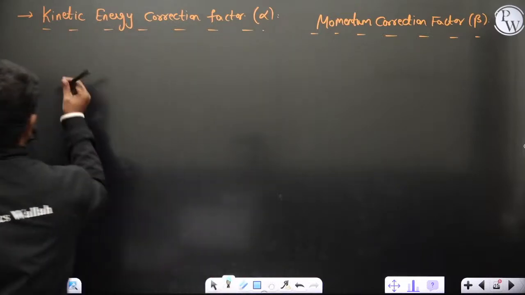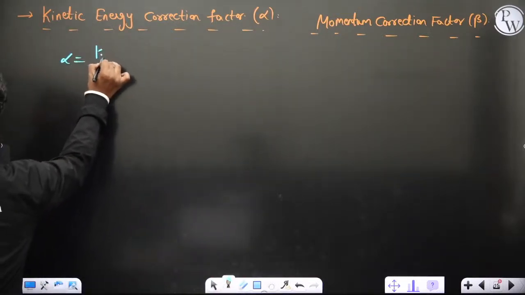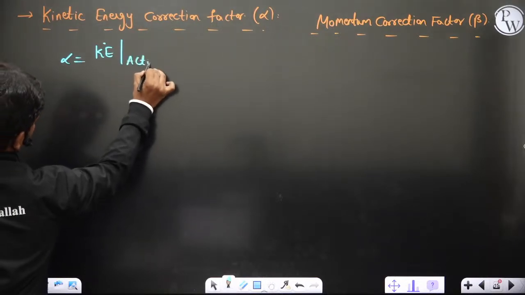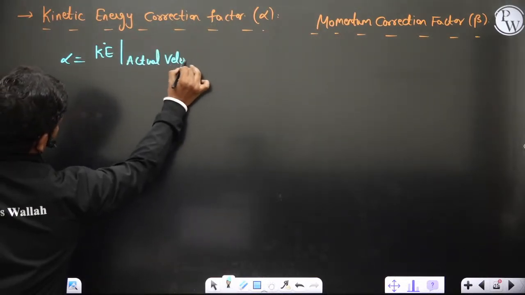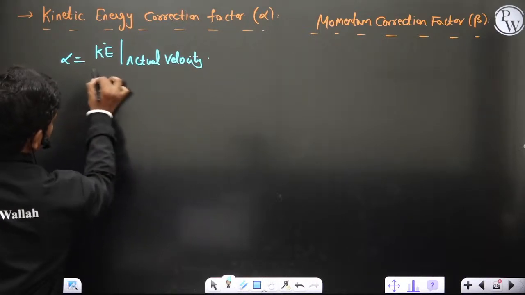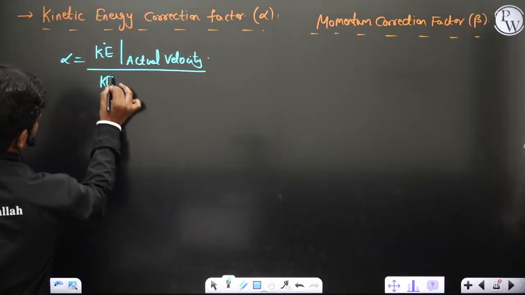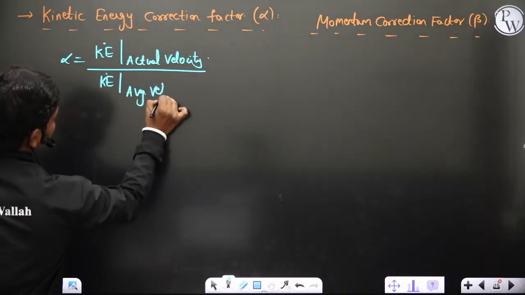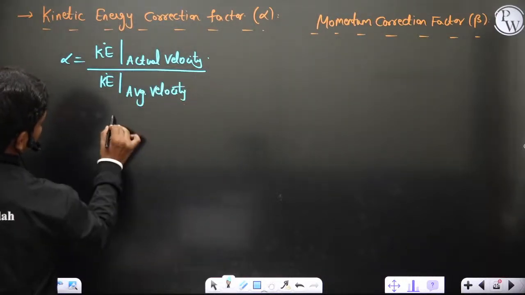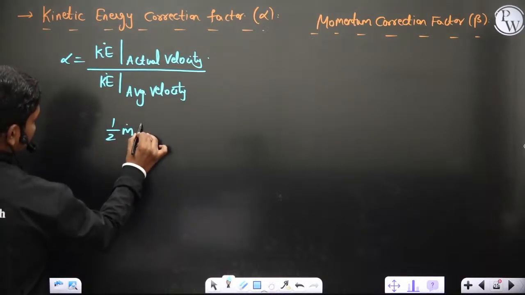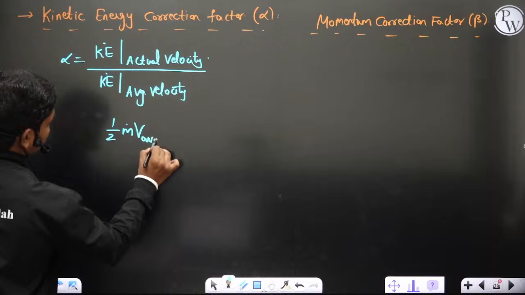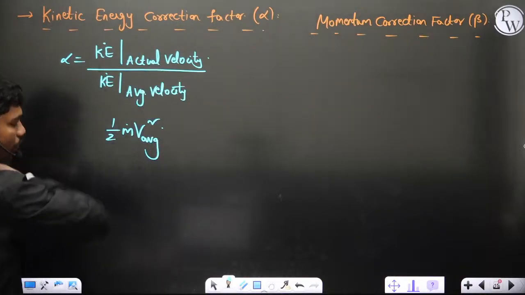Anyway, let us see what this kinetic energy correction factor is. It is the kinetic energy rate based on actual velocity, compared with that based on average velocity. In a detailed course I might have derived this, but right now I'm just giving you the insights. Based on average velocity, we all know it is half m dot times V average square per second at a cross section. But here you have to go for certain integration.